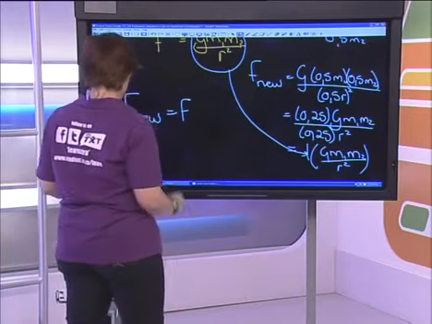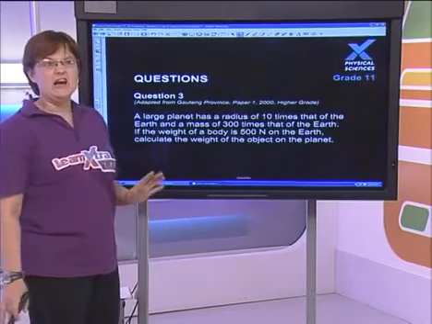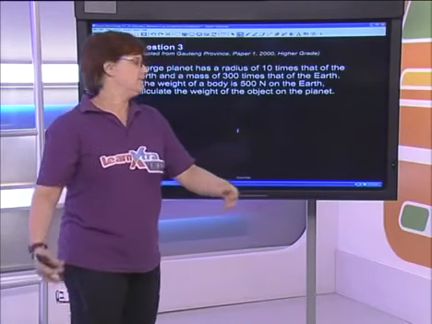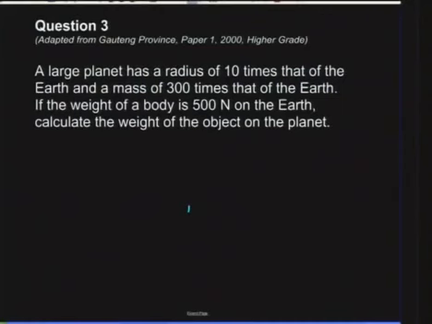That's like this one. They love these ones. Love them. Because now it gets a little bit less, how does that work? Watch here. They say to us, a large planet. You know, they're just trying to make it sound exciting. A large planet has a radius 10 times that of the Earth.